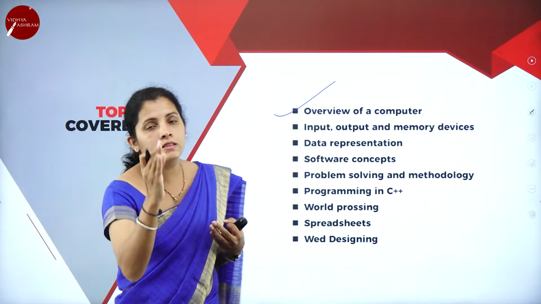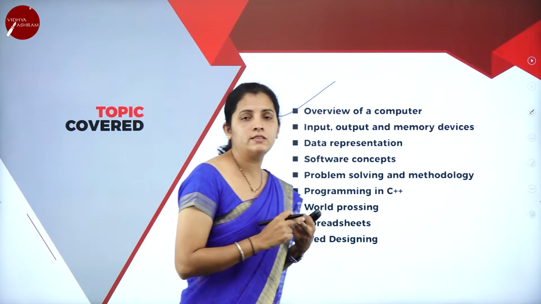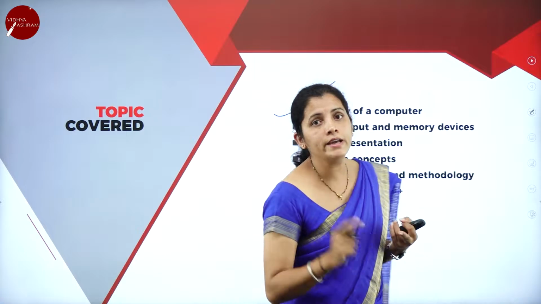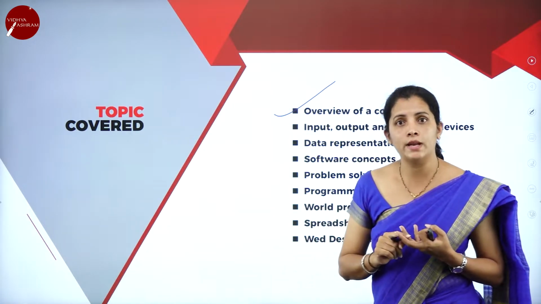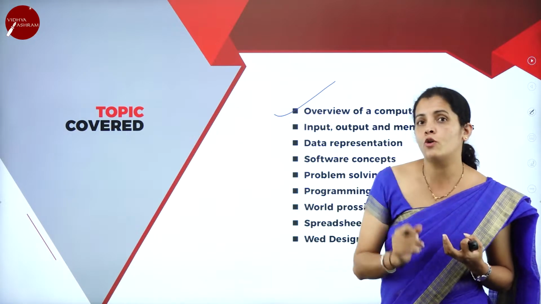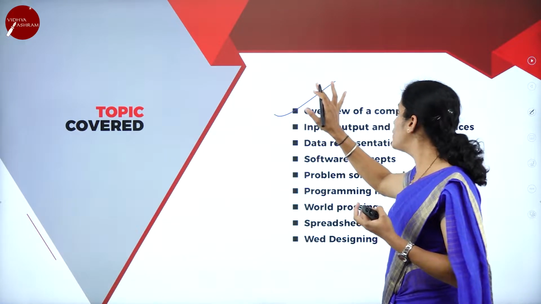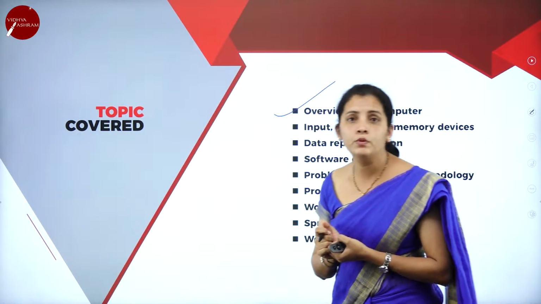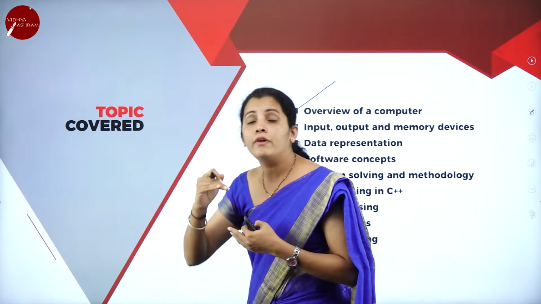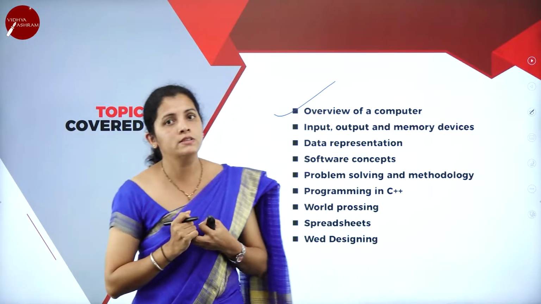When I say components of the computer system, here it is hardware, software, then data as well as user. So these are the topics that come under the overview of a computer, which is nothing but the fundamentals of the computer system.